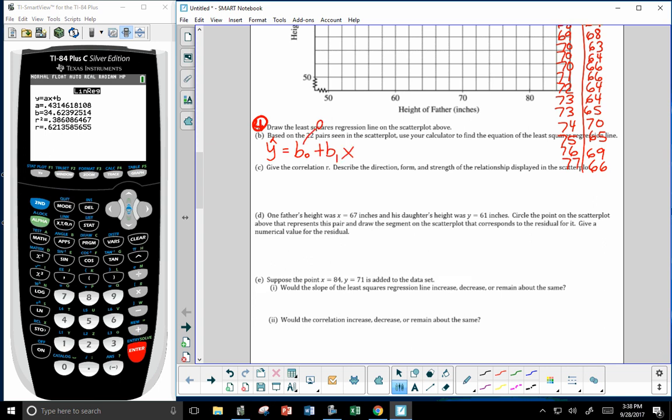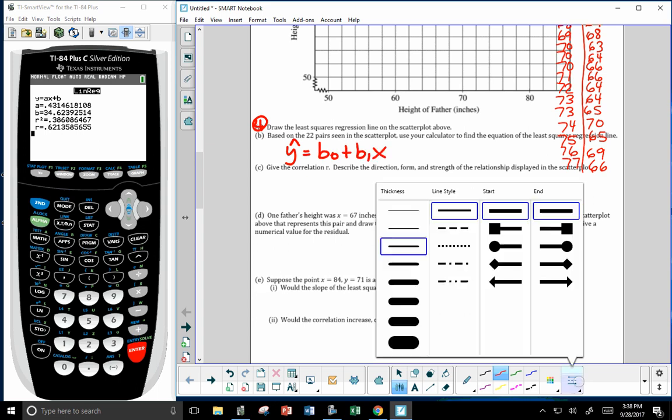And then for the r value, I was looking for 0.6214. If you did 0.62, I gave you credit. And that was only worth 1 point, as the whole question is worth 4 points. So the correlation was worth 1, the direction was 1, the form was 1, and the strength was 1.